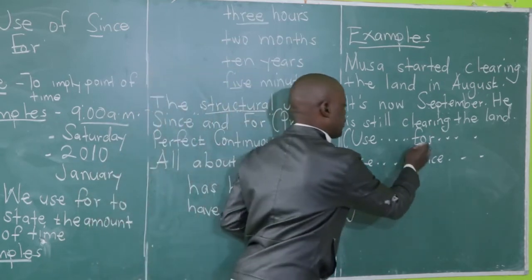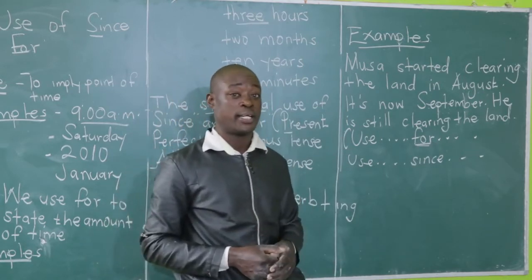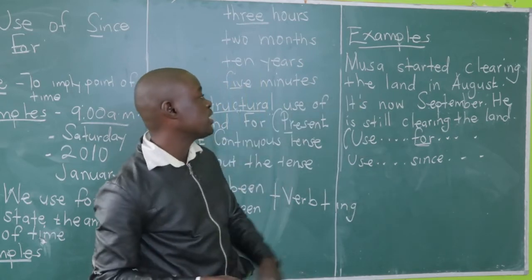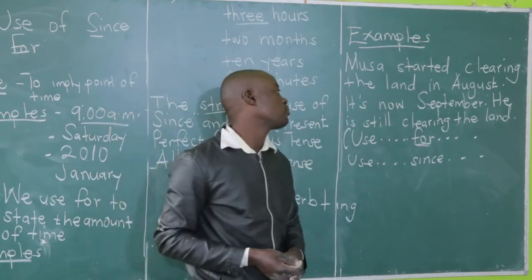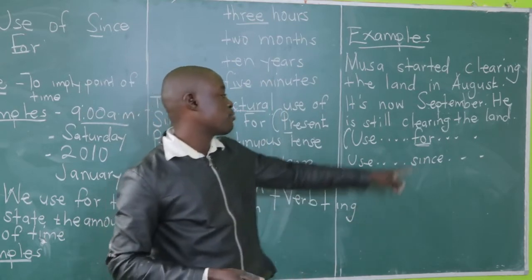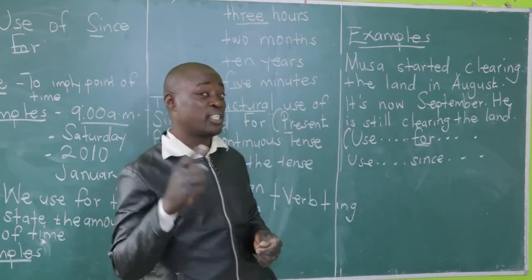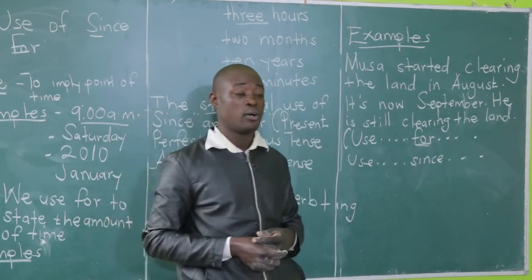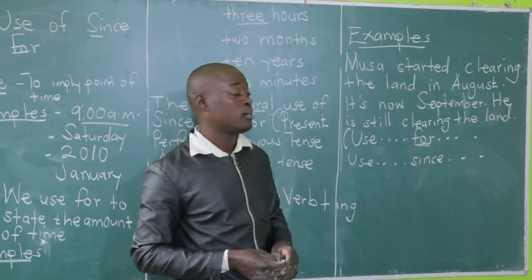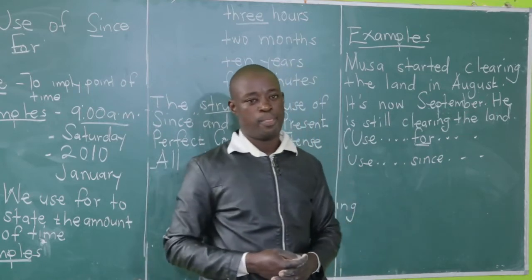Now, we are going to begin with instruction 1, where we are taught to use for. And like I told you already, when we are using for, we must talk about the duration, or how much time an action has taken. So when we read through the sentences, Musa started clearing the land in August. It's now September, and he's still clearing the land. If you are taught to use for, we shall need to use some kind of mathematics here to establish how much time he used.